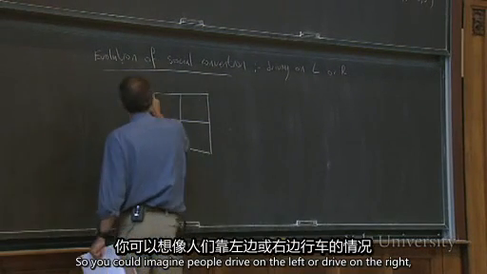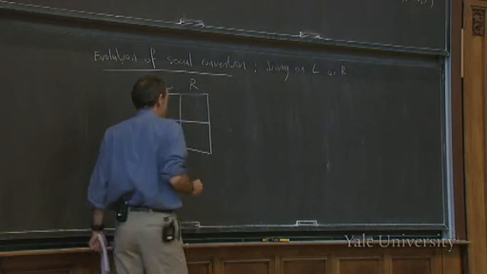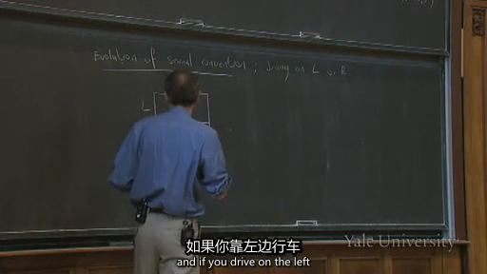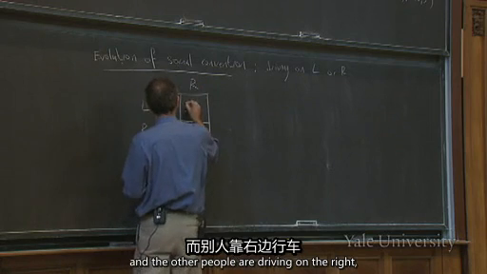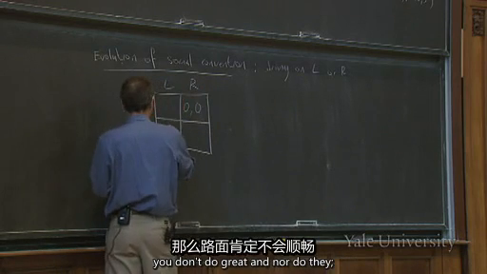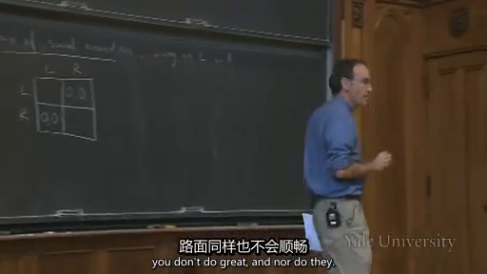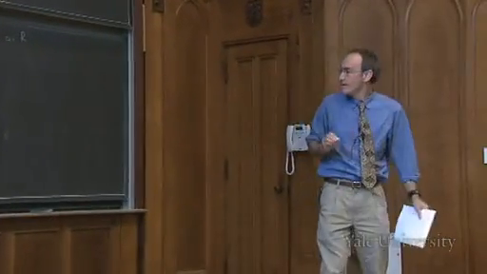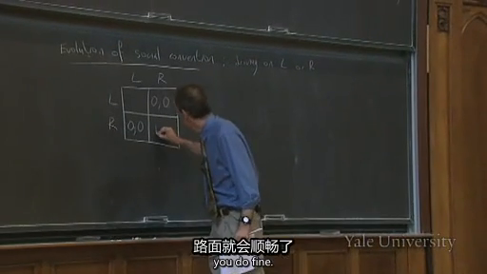You could imagine people drive on the left or drive on the right. If you drive on the left and the other people are driving on the right, you don't do great, and nor do they. And if you drive on the right and they're driving on the left, you don't do great, and nor do they. And if you both drive on the right, you do fine.